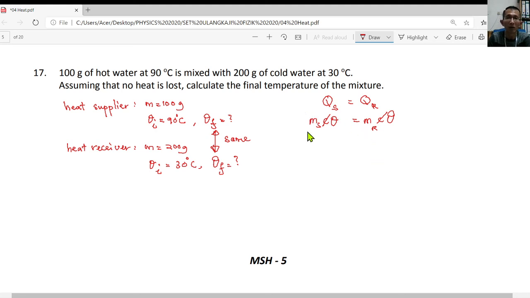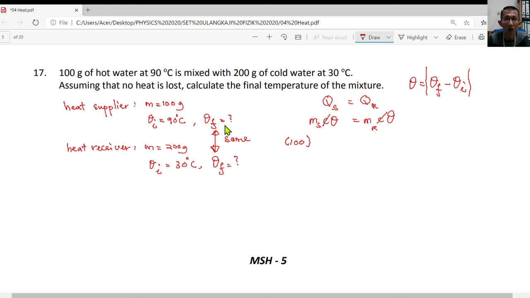Alright, so the mass of the supplier is 100, so I will just write here 100. And then for this theta, I know that my theta is always equal to the final temperature minus initial temperature, and we would like to take this as a positive value. Here I do know that my final temperature will decrease.